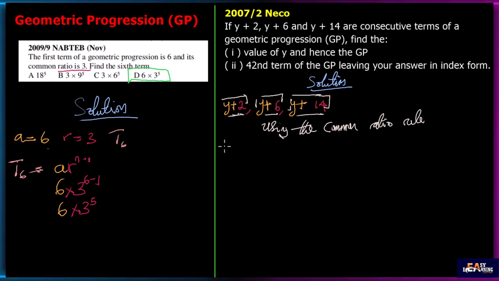Common ratio rule just says that the common ratio of this to this is the same as the common ratio of this to this. Anything that we divide, the nearest numbers, will give us the same ratio. So using the common ratio rule is what we're going to do right now.